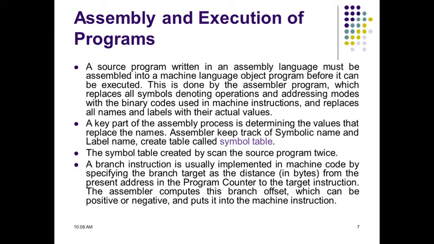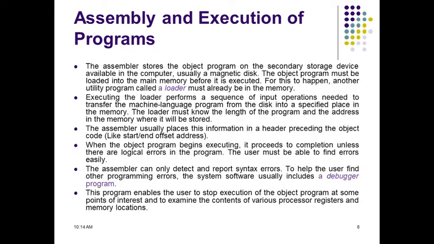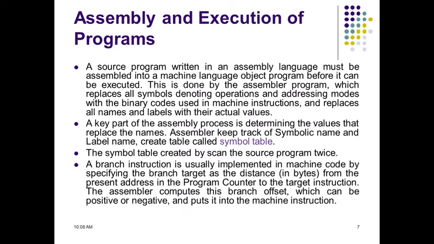Next is the assembly and the execution of programs. As you know, a source program written in an assembly language must be assembled into a machine language, which is known as the object program, before it can be executed.